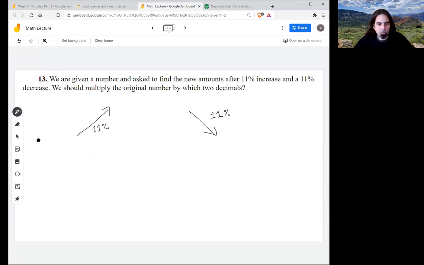So whatever this number is to start with, let's just pretend it's $100. What do I multiply it by to get to something bigger? The 11% increase. $11 over 100?